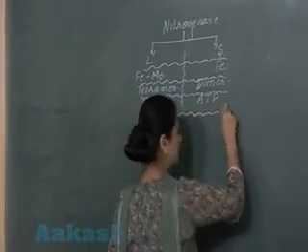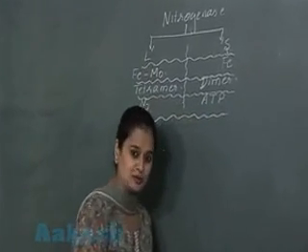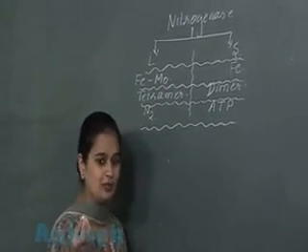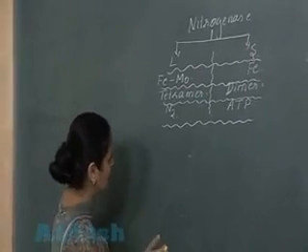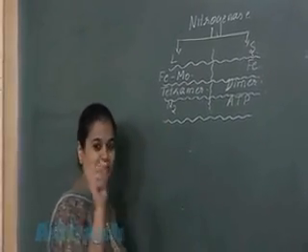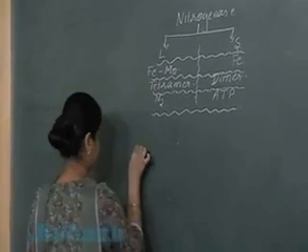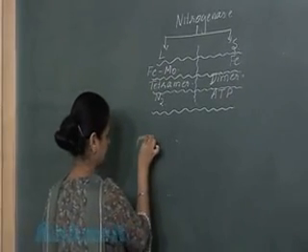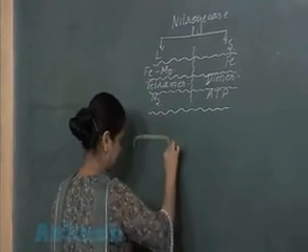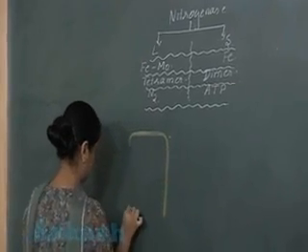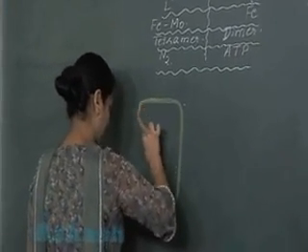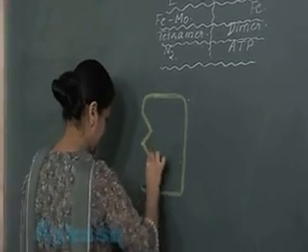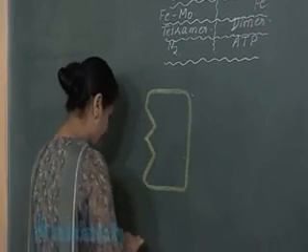So here I will be making the diagram of nitrogenase enzyme, and for the purpose of the simplicity I will be showing here only one site where there is attachment of nitrogen. This is nitrogenase enzyme.